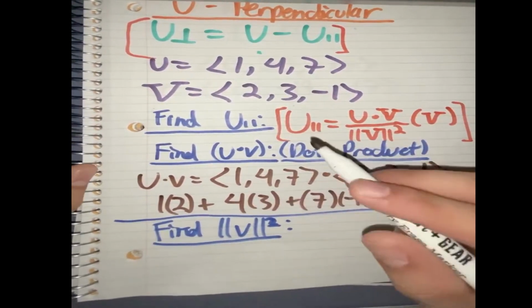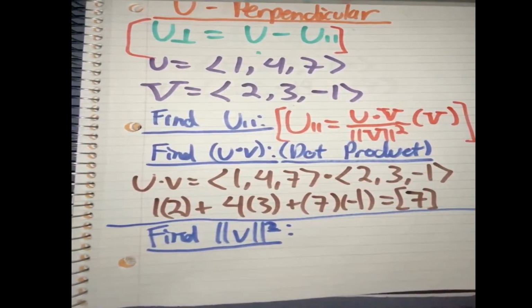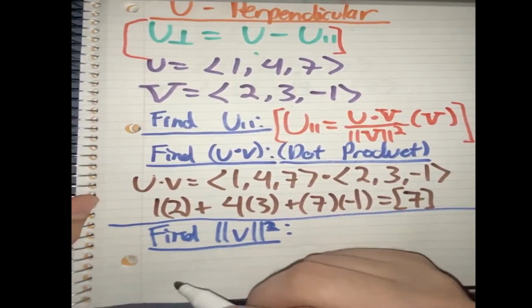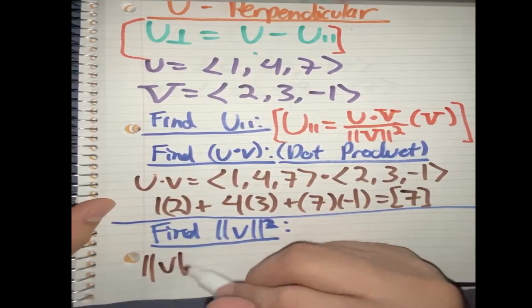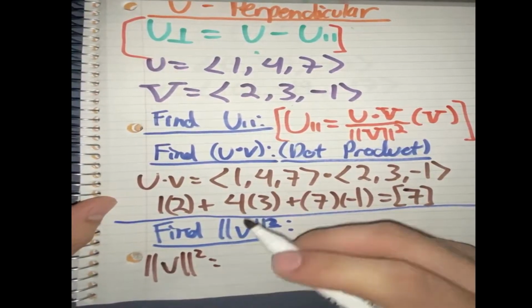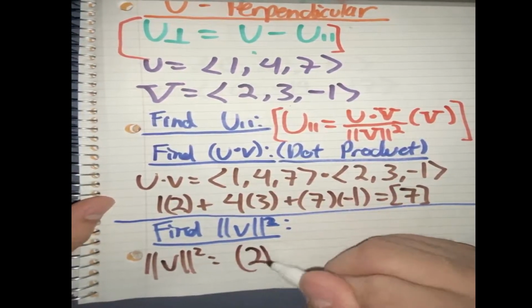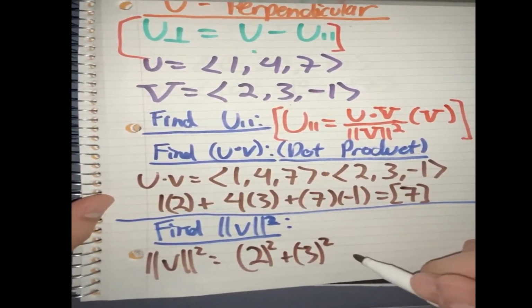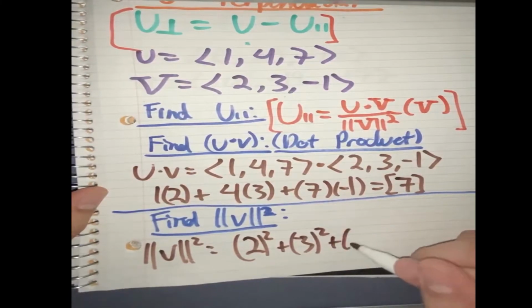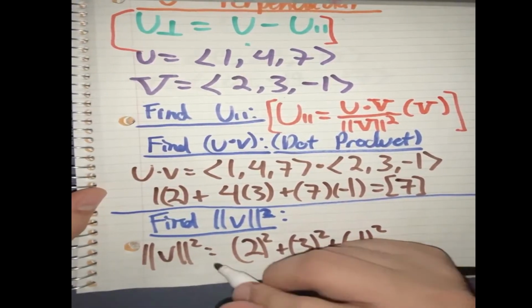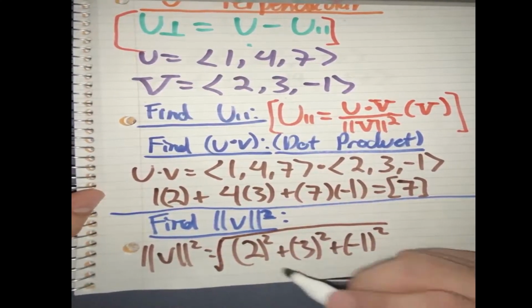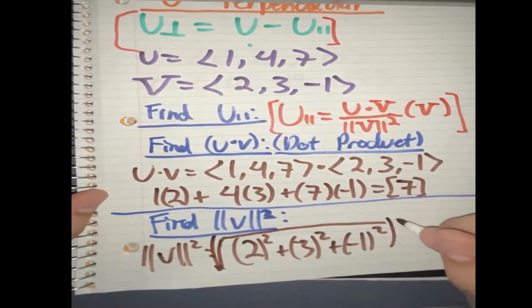If you don't know how to find magnitude, plenty of my videos cover it, but it's a very simple concept, so I'll do it real quick. The magnitude of v is the square root of 2 squared plus 3 squared plus negative 1 squared, and then we square it.